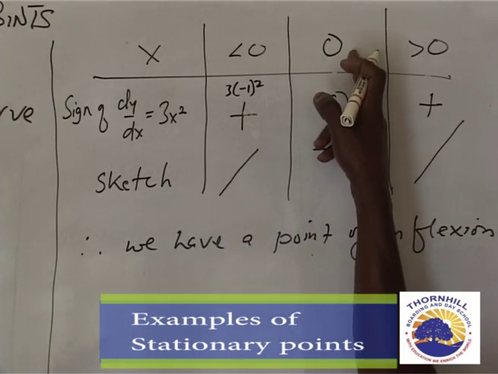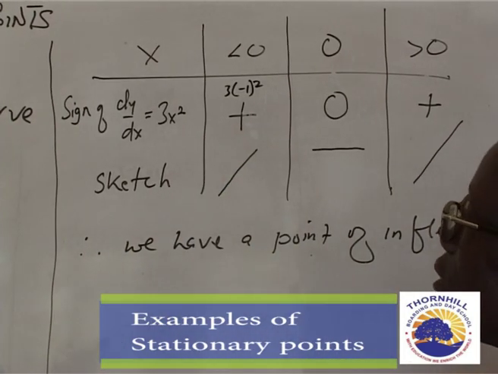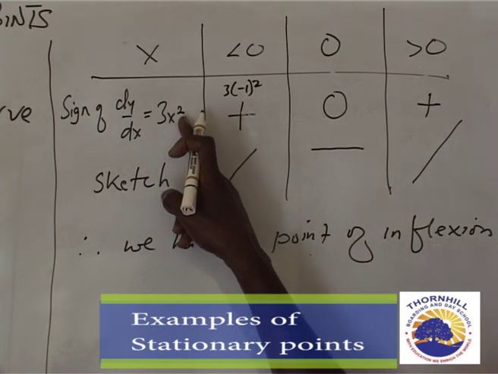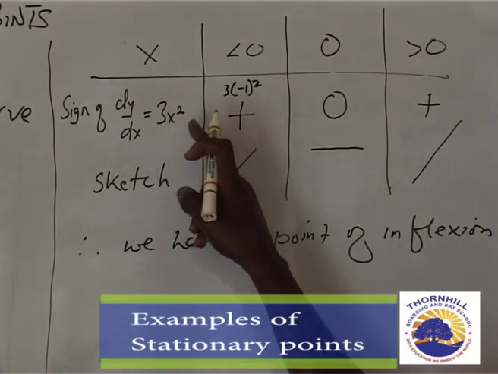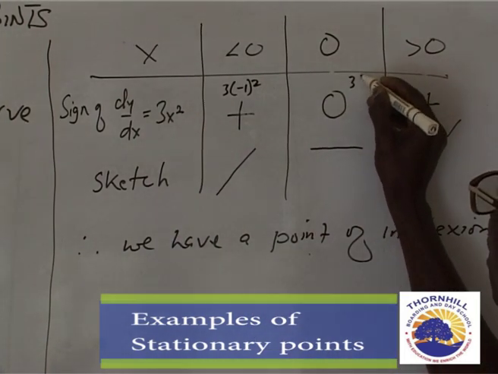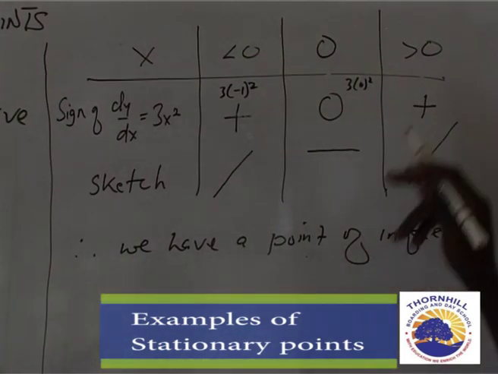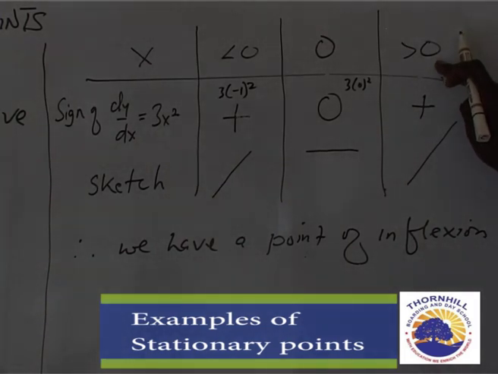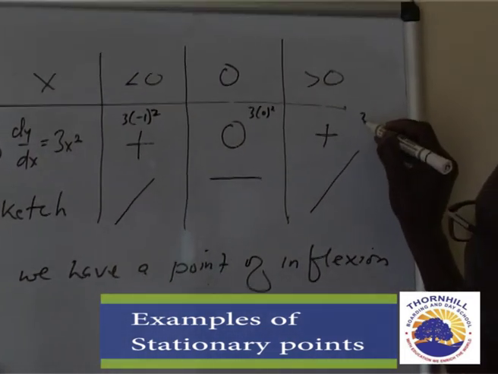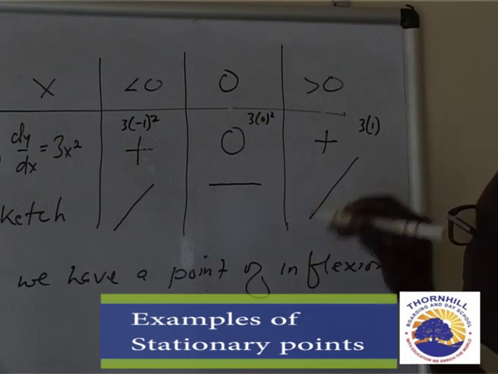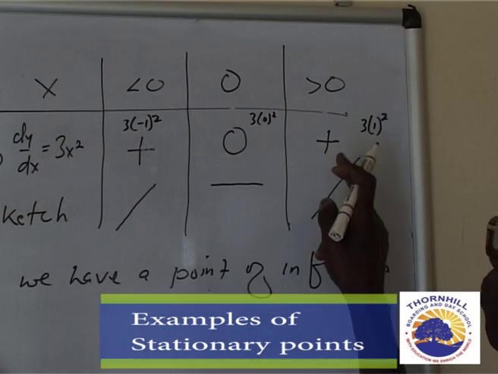Then 0. If I put 0 here, 3 times 0 squared will give you 0. Then I'll pick a number greater than 0. I'll pick 1. So I have 1 squared, and it's also positive.